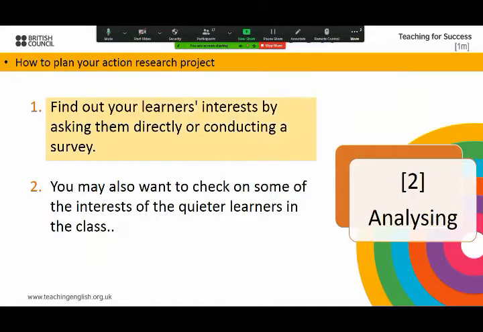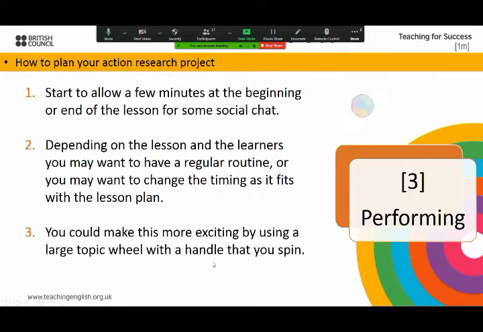The third step is to allow a few minutes at the beginning or at the end of the lesson for some social chat. Depending on the lesson and the learners, you may want to have a regular routine, or you may want to change the timing as it fits with the lesson plan.